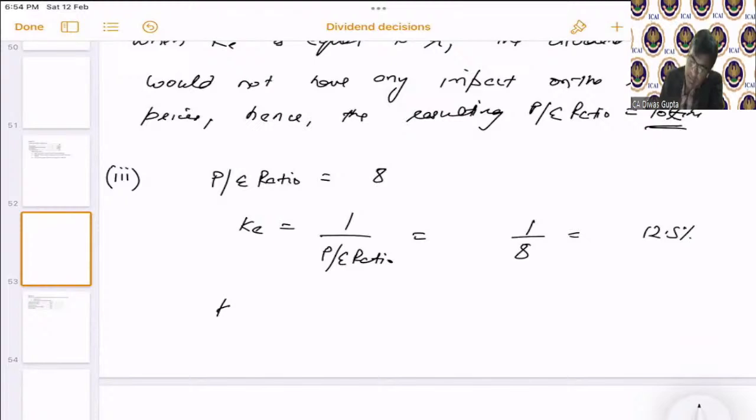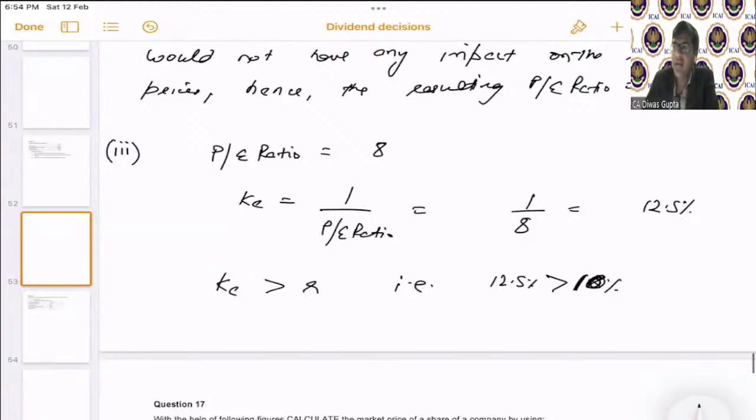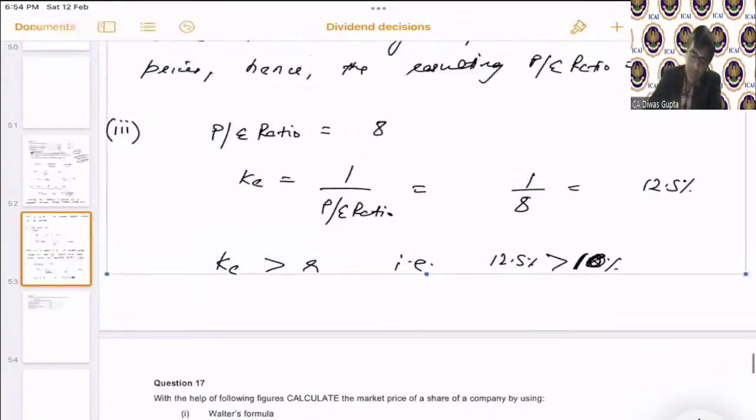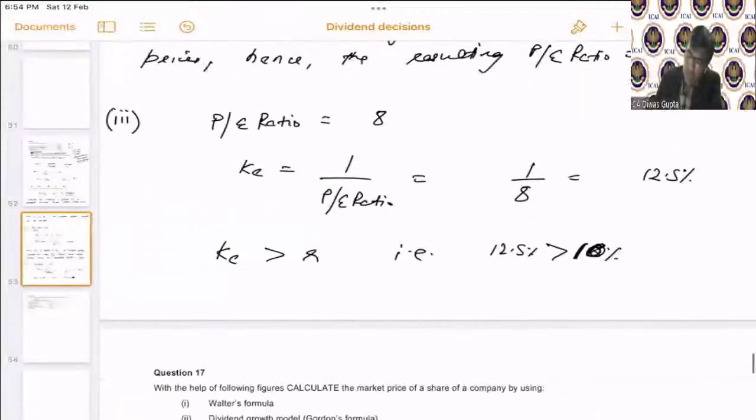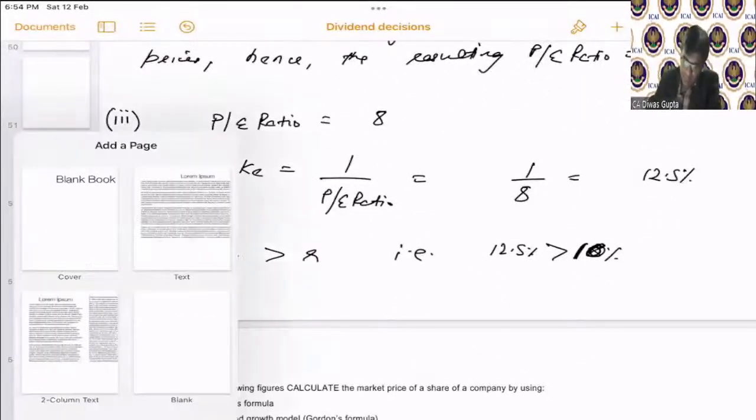And in such a case, KE is greater than R, that is 12.5 percent is greater than 10%. Earlier it was 10, right? So definitely higher dividend is expected. That means the dividend payout should be higher in such a case. Right, students? I hope you're able to get my point.